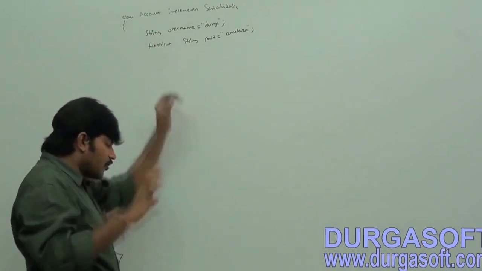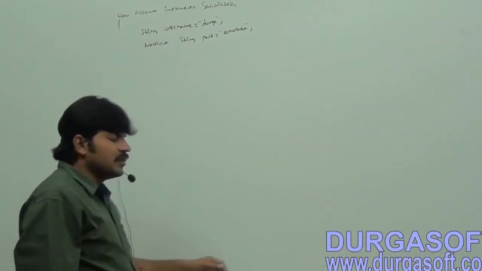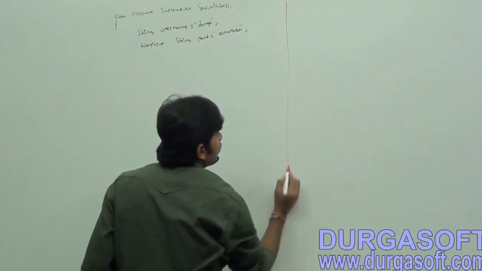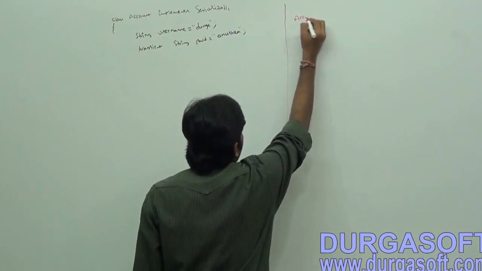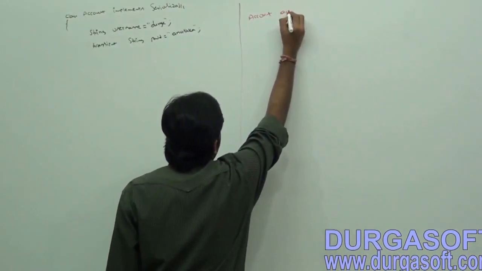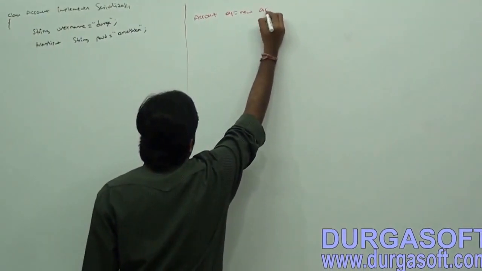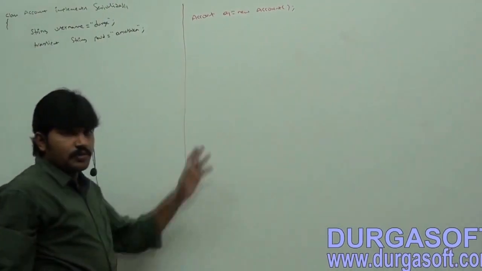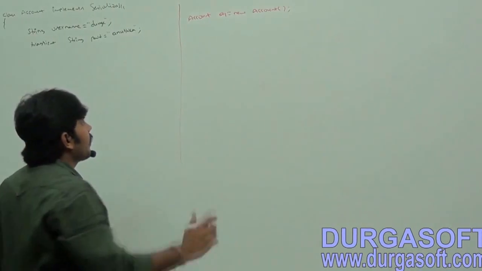Let me create an account object and start the serialization process. Account a1 is equal to new Account. This code is present inside CustomSerializedDemo.